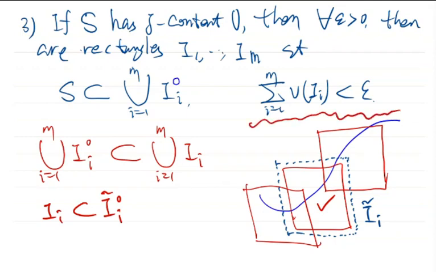So you can require the total volume still less than epsilon. This is the idea to prove this description of Jordan content zero, that is, replacing the union of rectangles by the union of the interiors of the rectangles. This is very important in the proof of a theorem later. Okay, so I urge you to write the detailed proof yourself after the class.